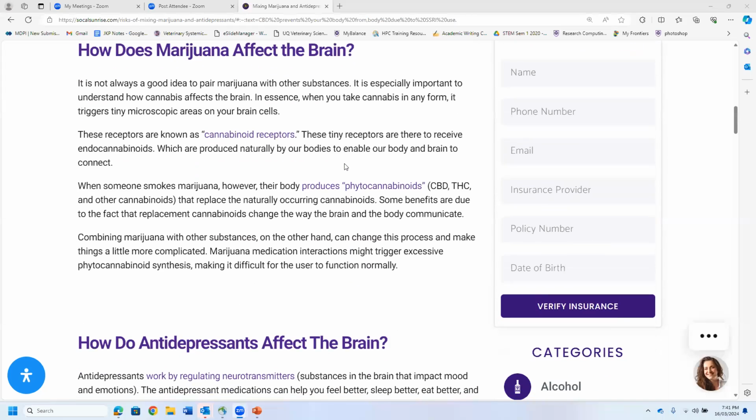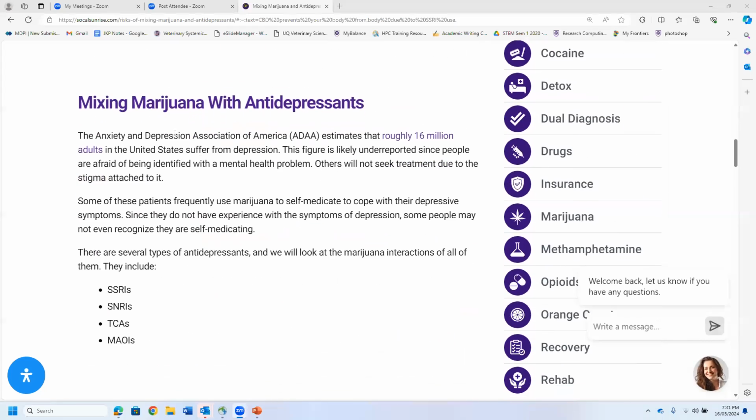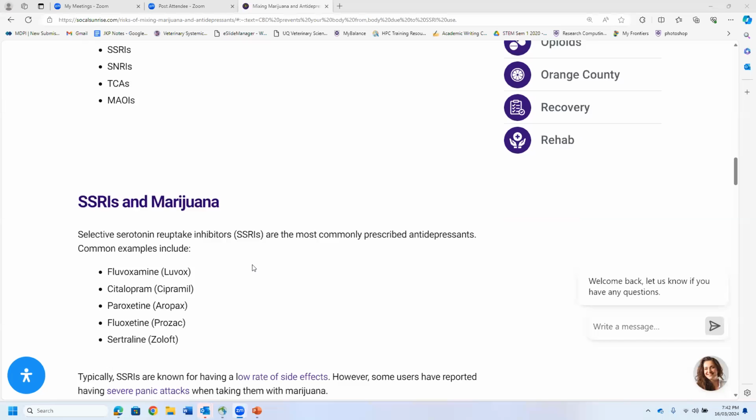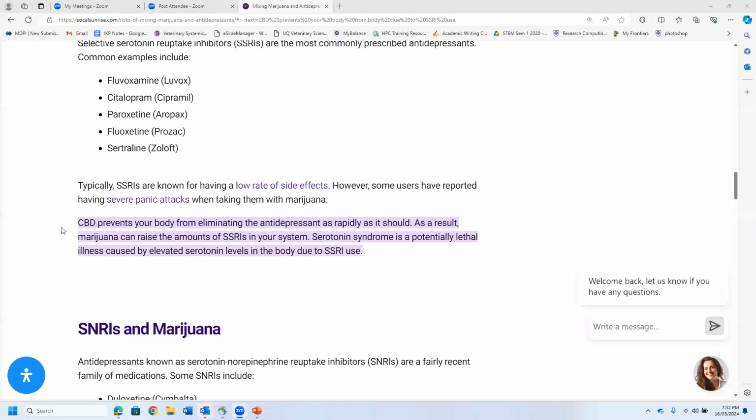It's an American article about mixing marijuana with antidepressants. So why is it very dangerous? Because the cannabis prevents your body from eliminating the antidepressant as rapidly as it should. As a result, cannabis or marijuana can raise the amounts of SSRI in your system and cause serotonin syndrome.